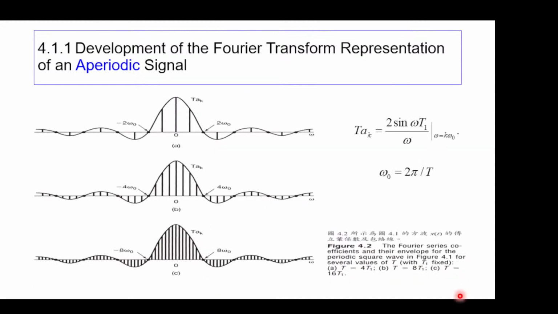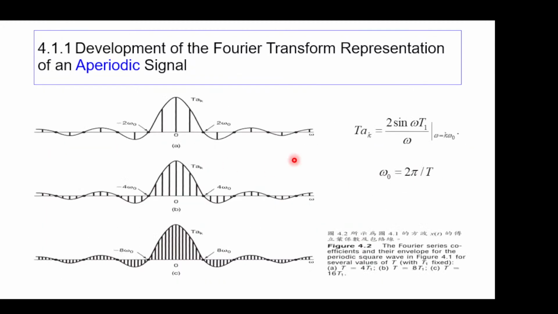Maybe it's easier to see this in pictures. Here we plot this envelope, 2 sine(omega T1) over omega. T1 is fixed.